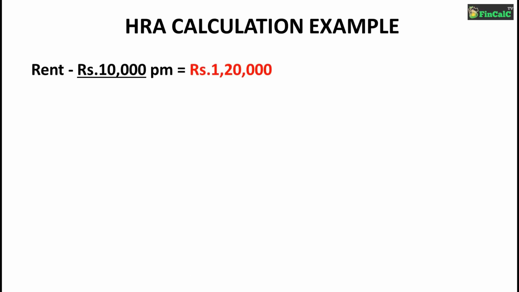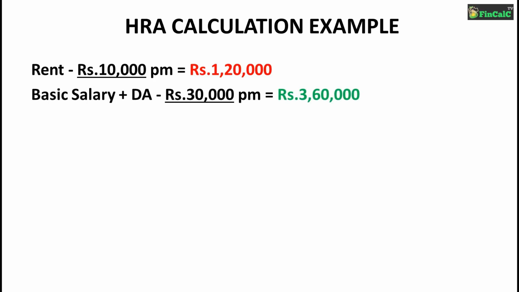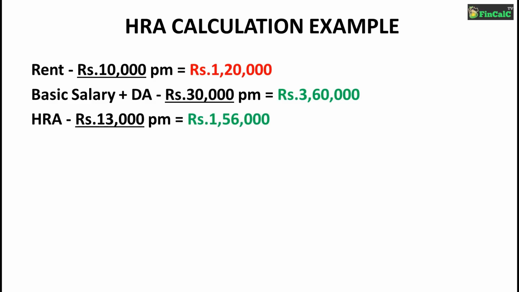Let us say you pay a rent of Rs 10,000 per month, which is equal to Rs 1,20,000 per year. Your basic salary and dearness allowance is Rs 30,000 per month, which makes it equal to Rs 3,60,000 per year. HRA received by you is Rs 13,000 per month, which makes it equal to Rs 1,56,000 per year.